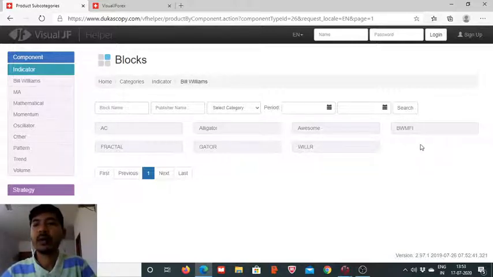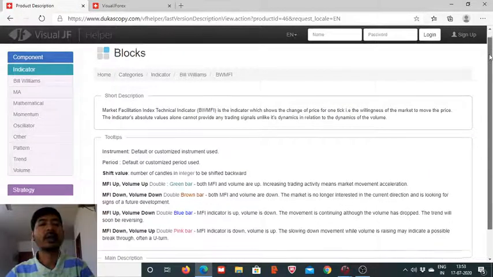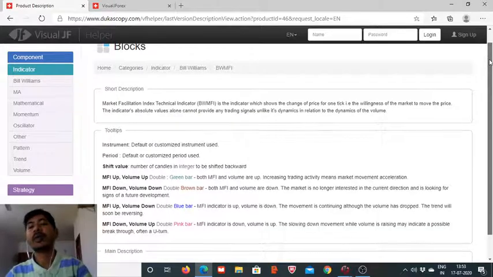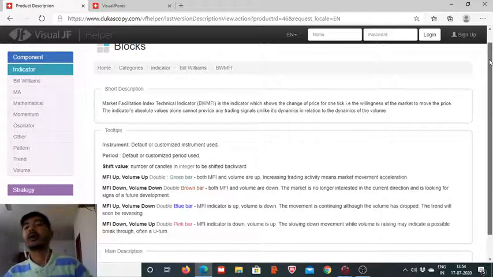For that we will see the technical aspects of this indicator, and then we will also try to implement it on the chart to gain further clarity on its technical aspects and its functionality.